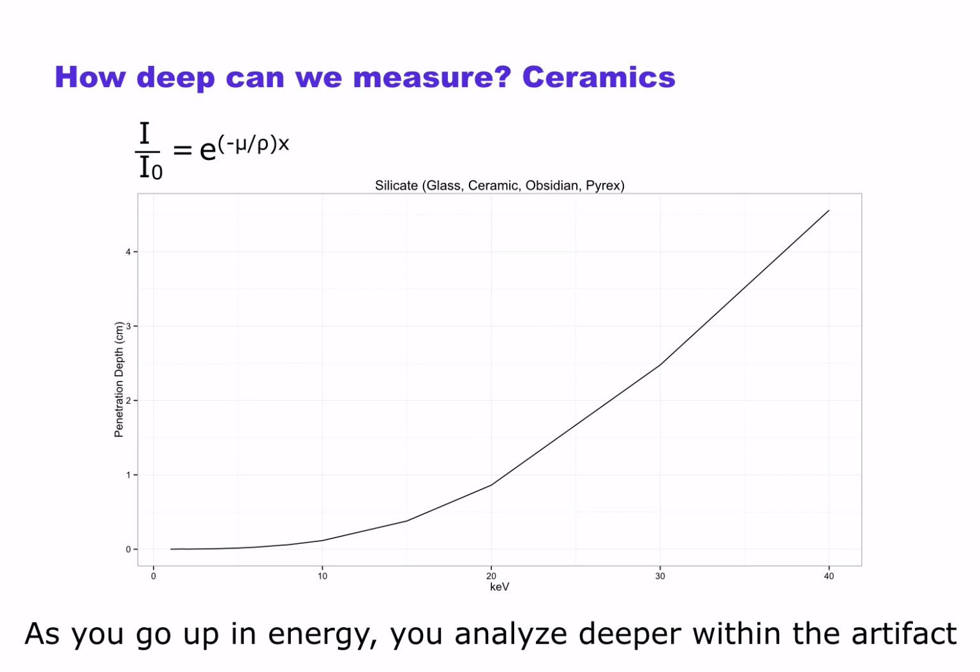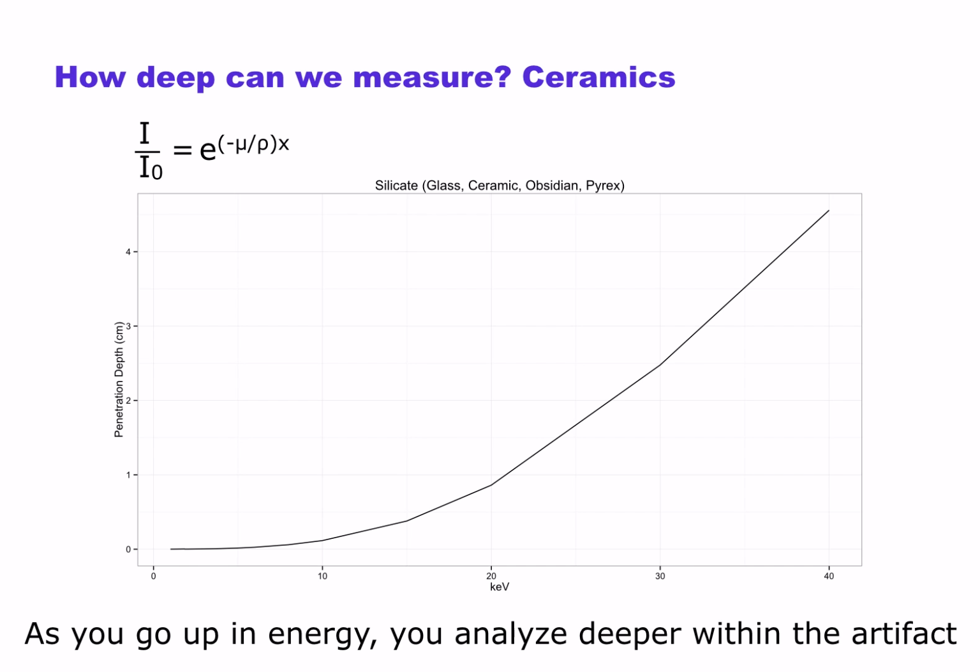I0 equals the percentage of that energy photon coming back. We're going to assume only 1% is coming back, about the maximum depth we could possibly detect for each element. Negative mu over rho represents the attenuation of a given element in a given density, and then x represents the actual density of that object. So as you can see, the higher the density, the lower the depth of measurement.